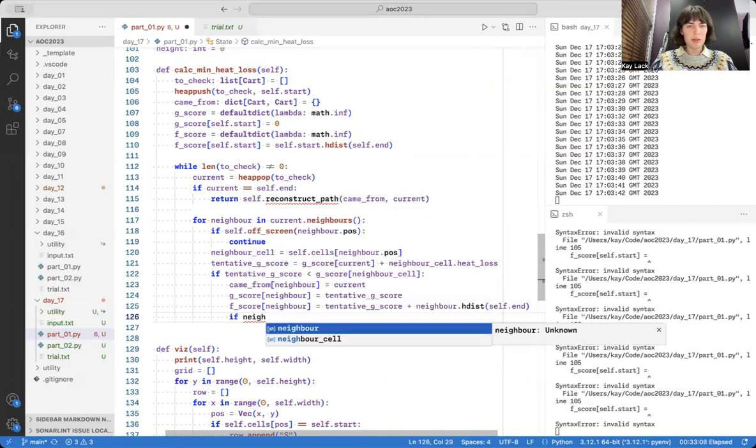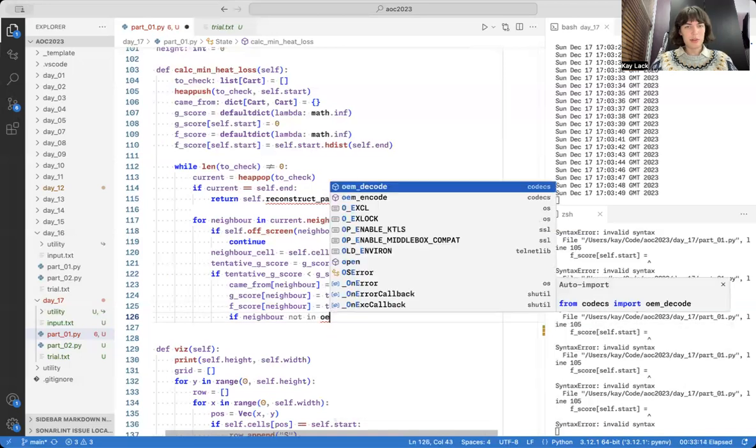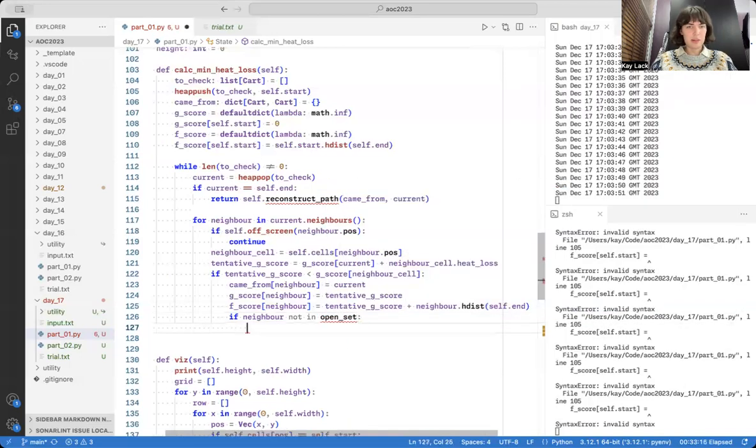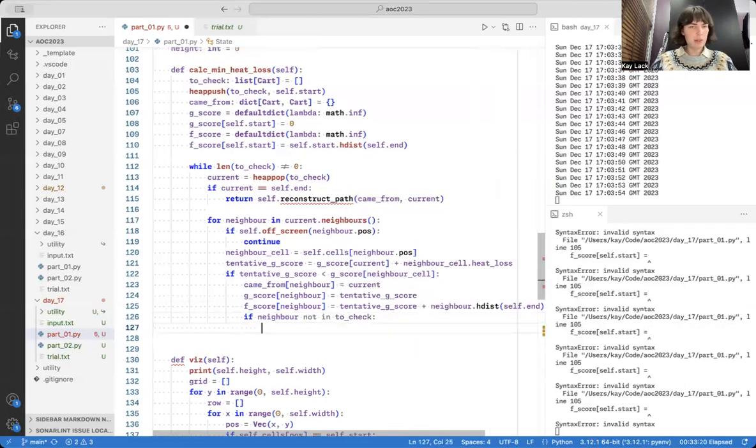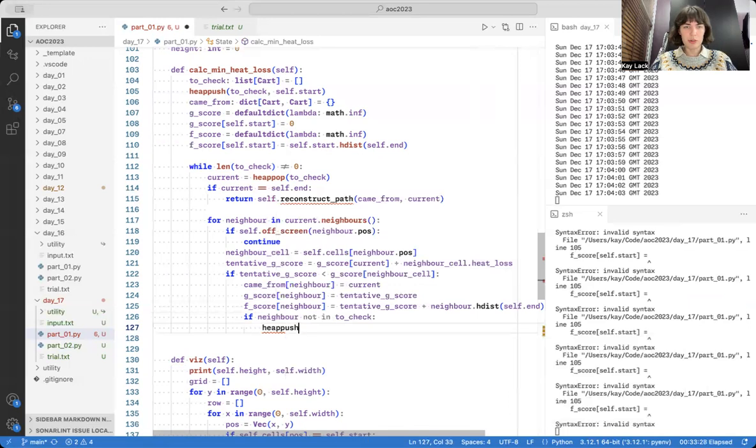If neighbor not in open set, which is to check really, then to check add, and this is actually going to be a heap push.